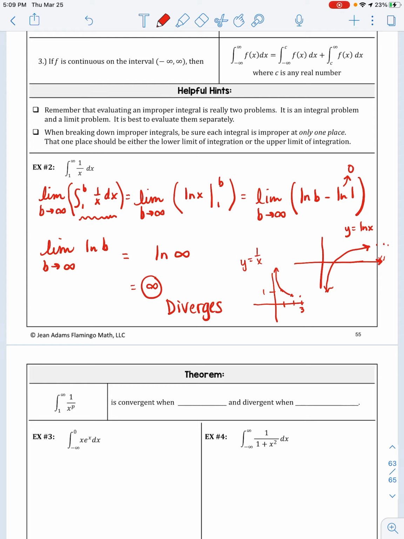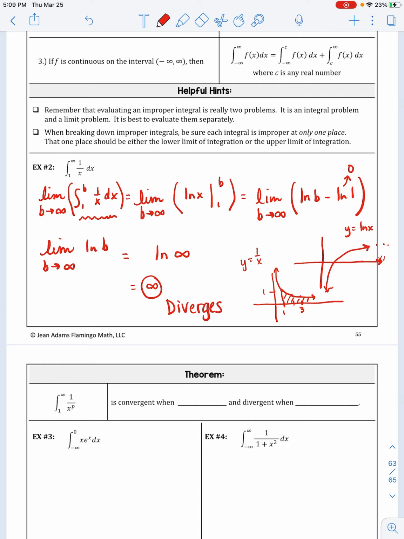Okay, so you do have a similar looking figure, but it has a different answer, and we will be talking about that because this one, as I go to infinity here, this one diverges.